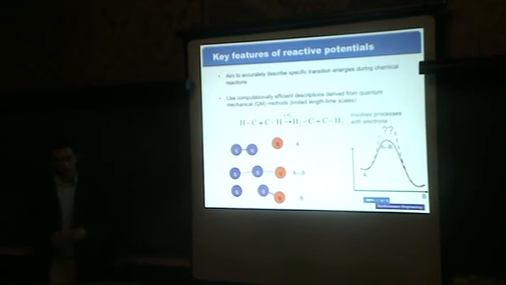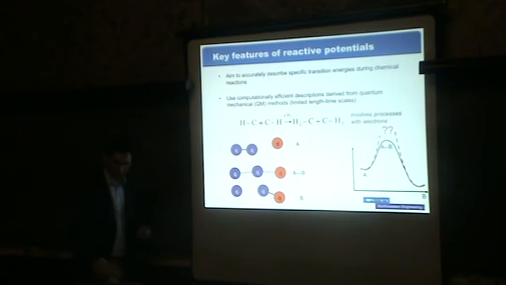The key features of reactive potentials, there are many flavors of this, is that you need to accurately describe specific transition energy during chemical reactions, and then use computationally efficient descriptions derived from quantum mechanical methods. So you want to do this in a limited time scale, but be able to capture this transition from one state to another fairly realistically.